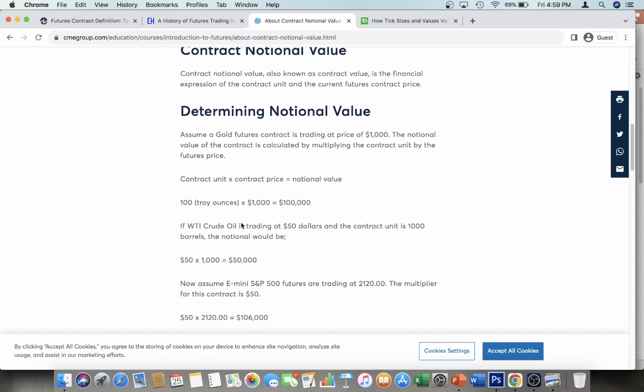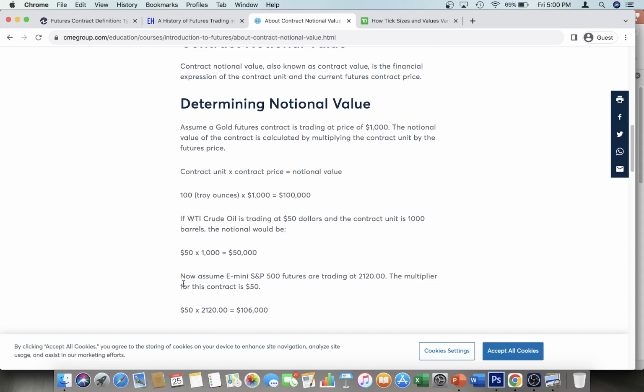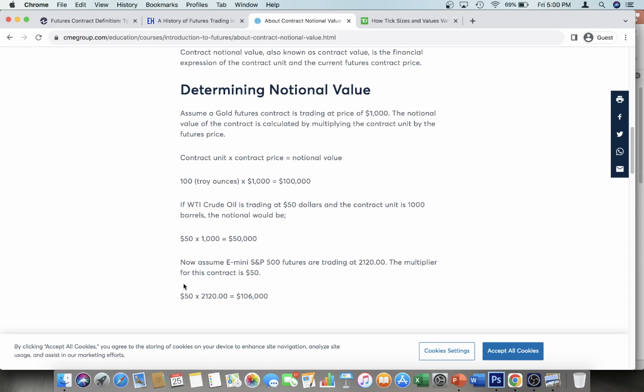Second example: if crude is trading at $50 and the contract unit is 1,000 barrels, the notional value of a contract is $50,000. S&P 500 futures: if the S&P is trading at 2120, which it's not, and the multiplier is 50, the notional value is $106,000.